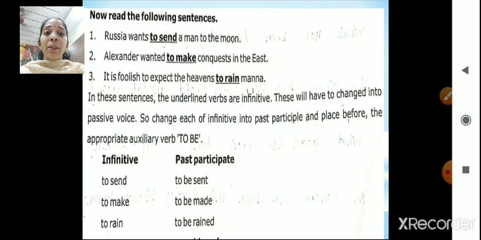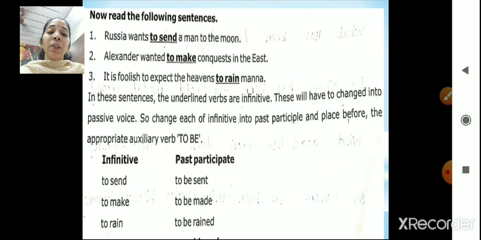Now let's read the following sentences. Russia wants to send a man to the moon. Alexander wanted to make conquest in the east. It is foolish to expect the heavens to rain manna. In these sentences, the underlined verbs are infinitive.